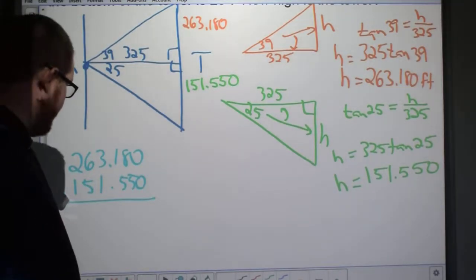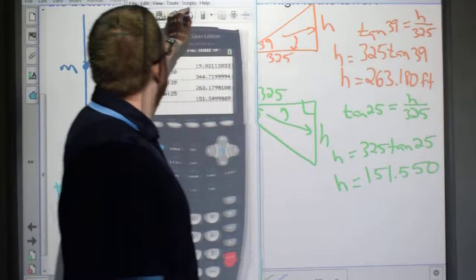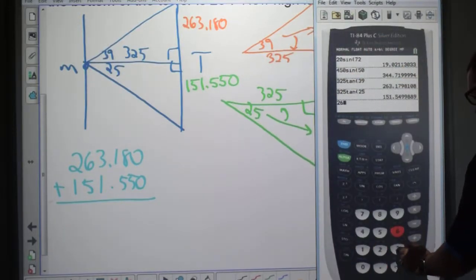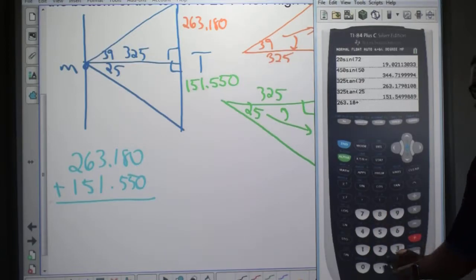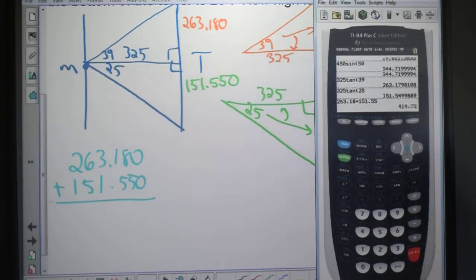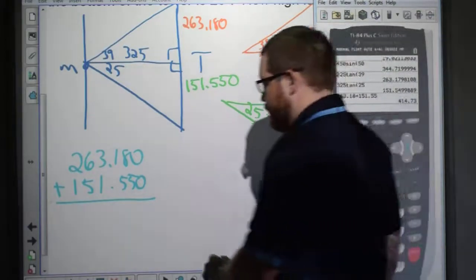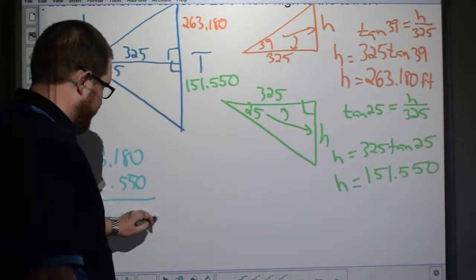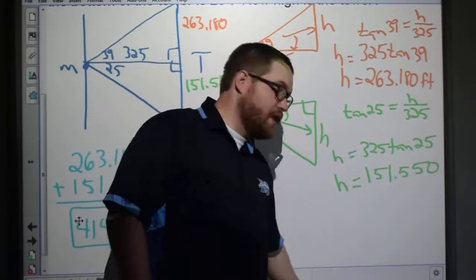We'll be lazy and use the calculator to do it for us. 263.18 plus 151.55, and I end up with 414.73 feet.